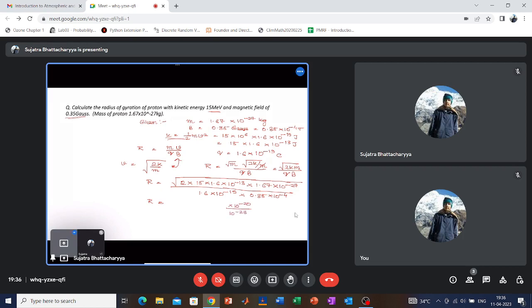All other things, let us calculate and see how much comes. So it's 2 into 15 into 1.6 into 1.67, take the root of this. It comes out to be 8.953 divided by 1.6 into 10 into 0.35.